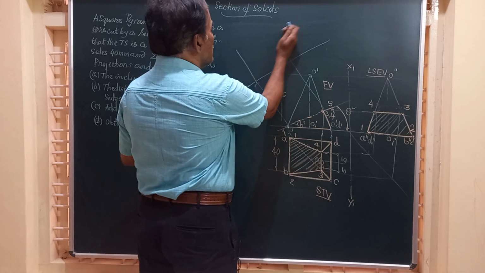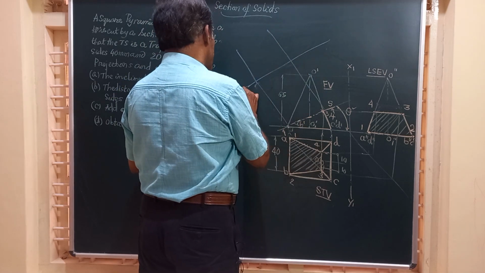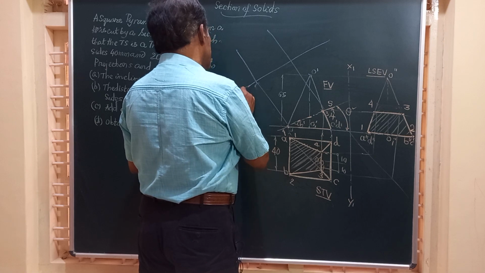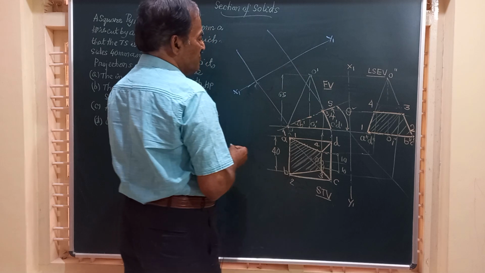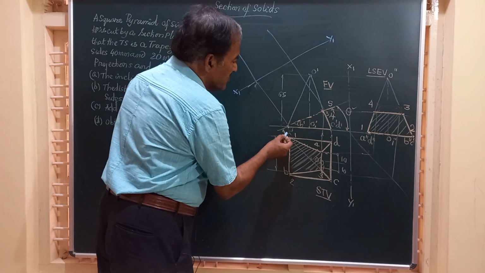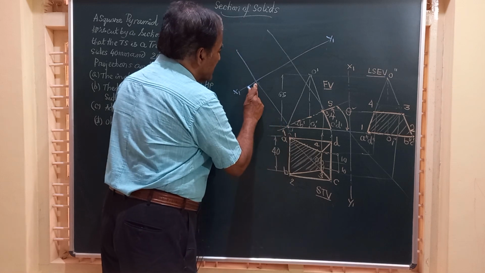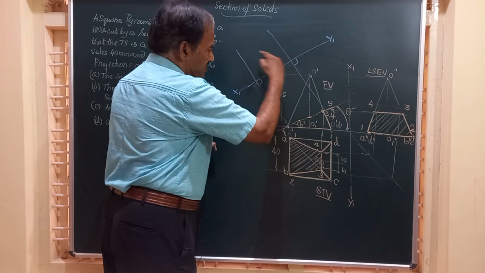Friends, these two lines we are drawing are normal to this S1, or something like X1Y1, some reference line. So friends, on this you have got 1 and 2. So 1 is to be marked here and you know these two lines are perpendicular to each other.